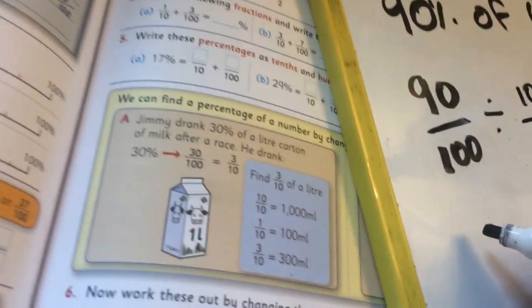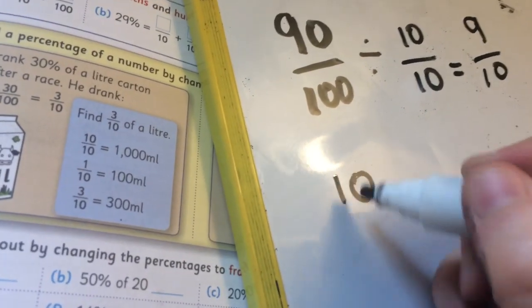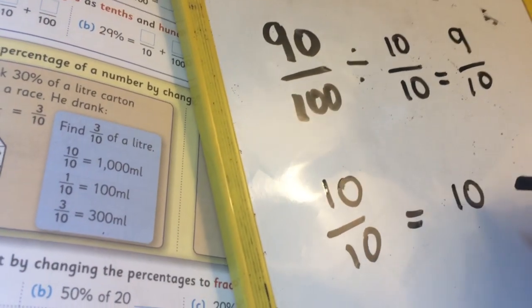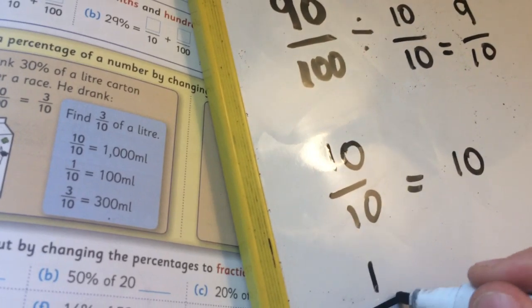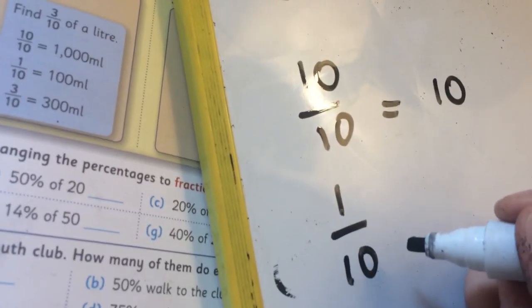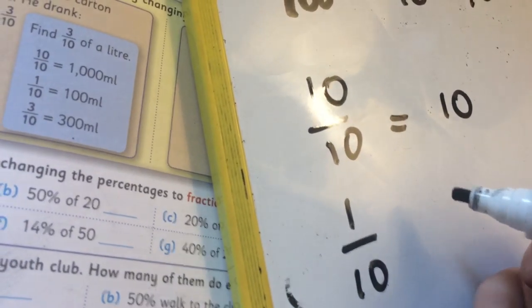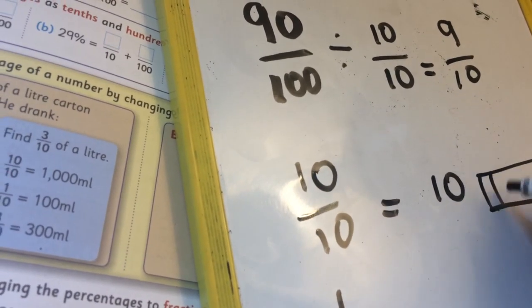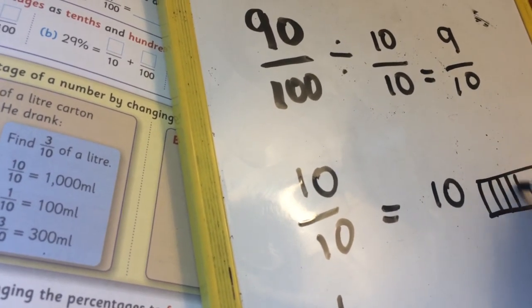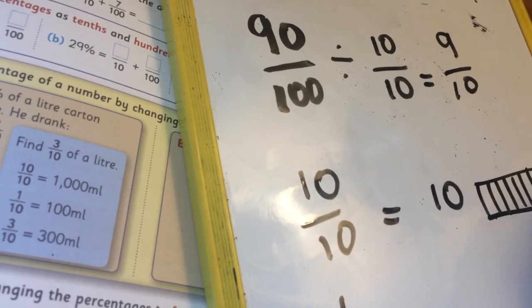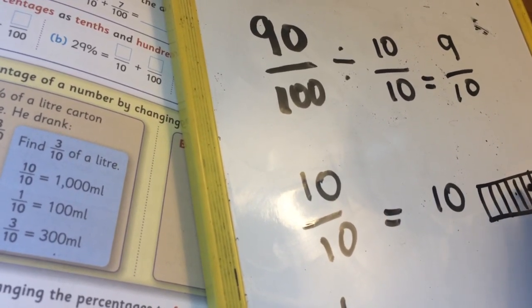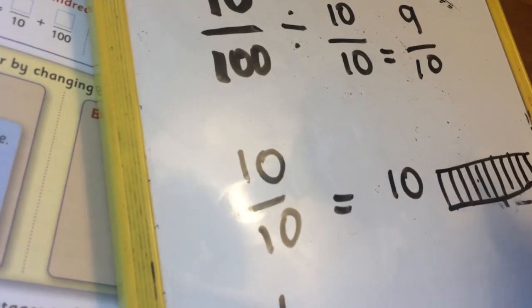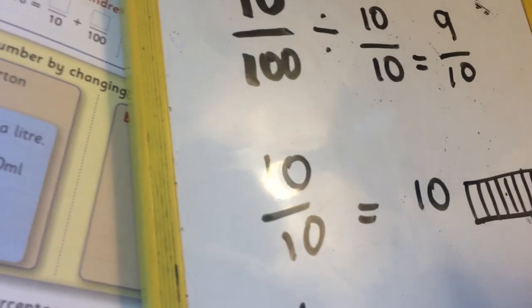So 9/10. We know that 10/10 is equal to 10. If we had a chocolate bar with 10 little pieces, 1, 2, 3, 4, 5, 6, 7, 8, 9, 10, then 10/10 is 10.